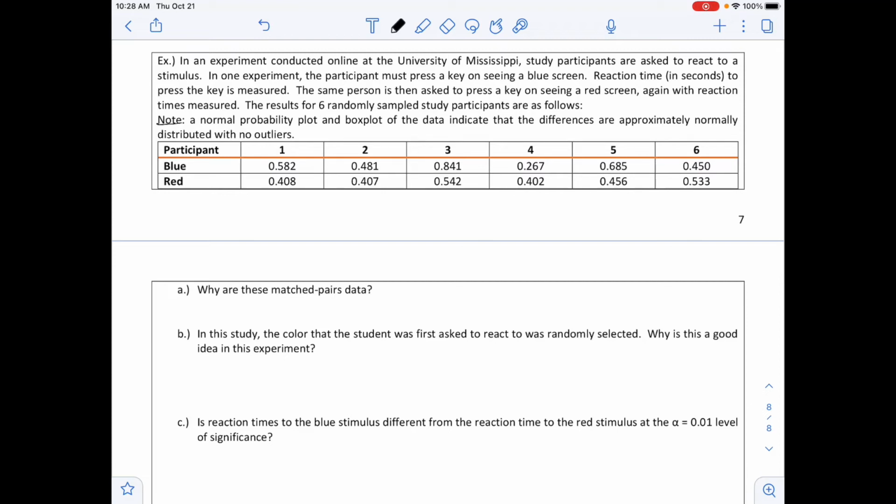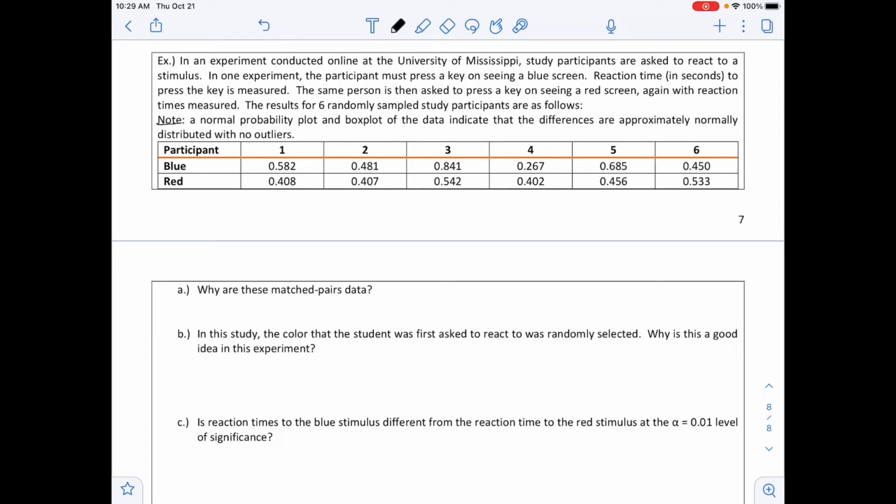This is important to note, and the reason why is because our sample is so small. So you can see we have 6 participants here. They're labeled 1, 2, 3, 4, 5, and 6. The reaction time for blue and the reaction time for red are recorded. And so what we're going to do is condense this material down into one list of data.